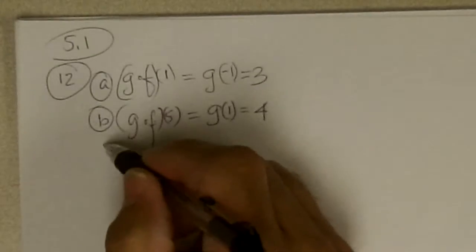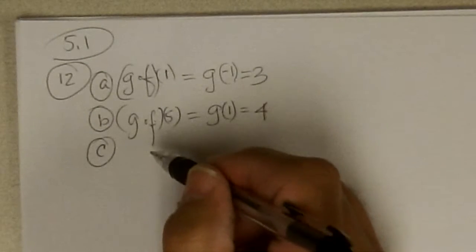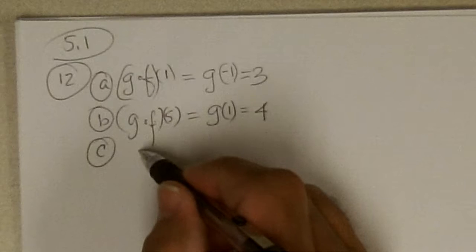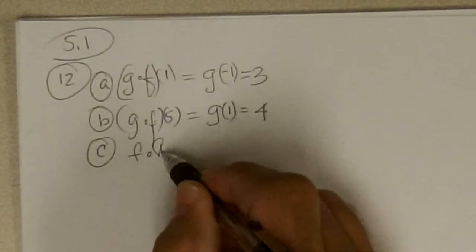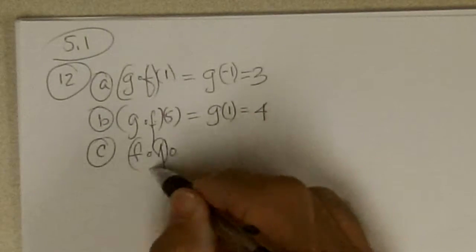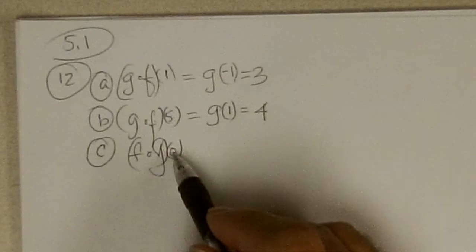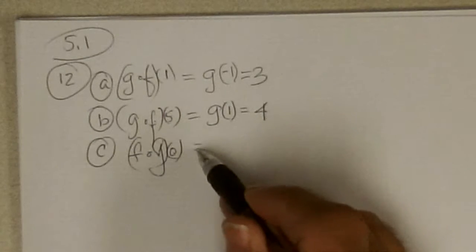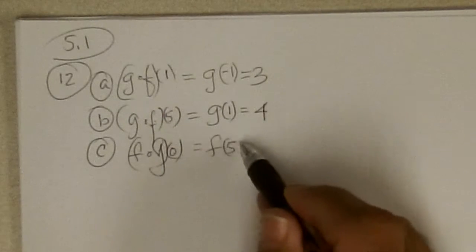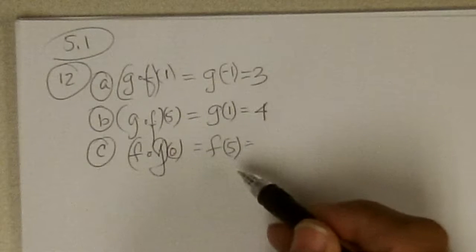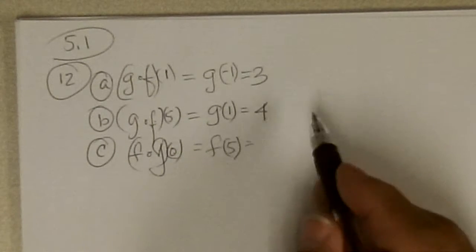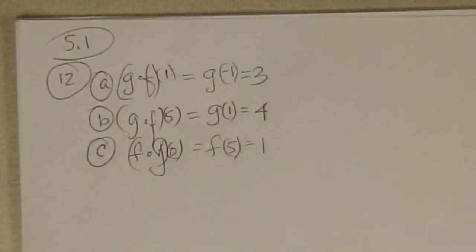Okay? C says g of f of g of 0. F of g of 0. So I got to go to 0 on g, and 0 on g is 5, so then I have f of 5. So I got to go to 5 on the x and find f, and that goes to 1.